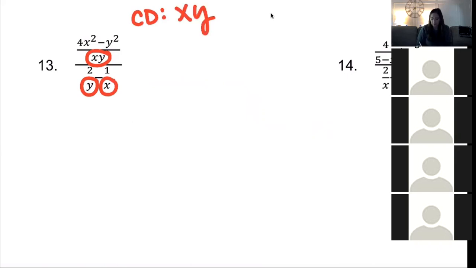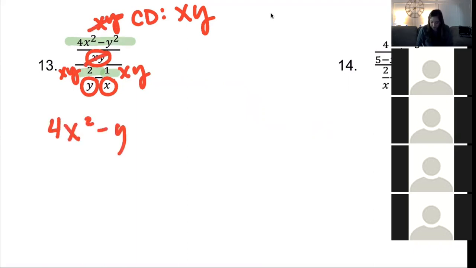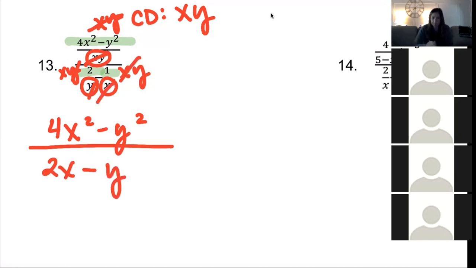And I multiply all of the numerators, so all of the numerators by xy. In the top, the xy's would cancel, so I'd be left with 4x squared minus y squared. And then in the bottom, the y's would cancel, so I would have 2x minus, the x's would cancel, so that would just leave me with y.